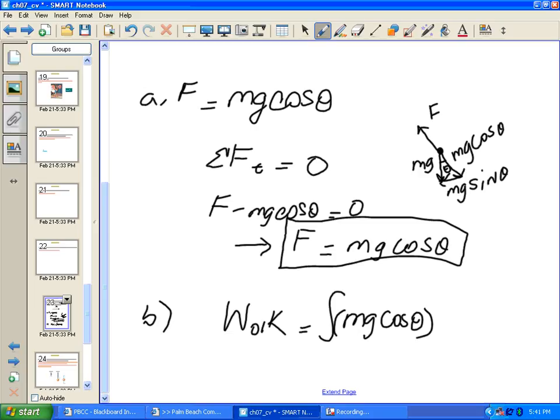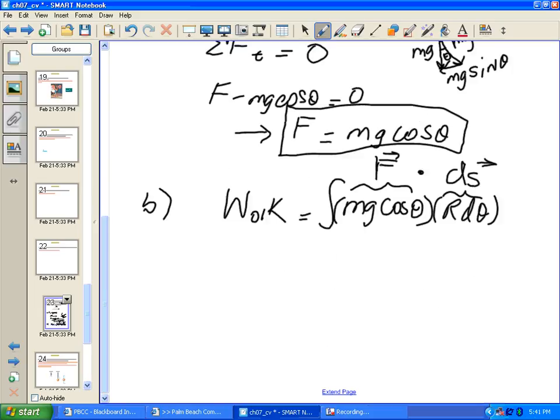We have ds, which is given as r d theta. ds is also tangent to the path. F is given as tangent to the path. And when we take a dot product, because they are both parallel to each other, we get mg cosine theta times r d theta.